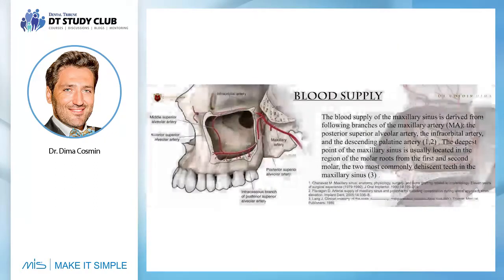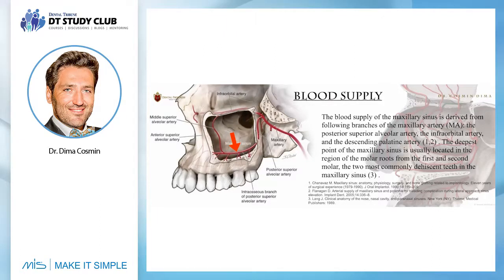The blood supply. The blood supply is coming from the maxillary artery, and what is very important here is that we have to know about the intraosseous branch of the posterior superior alveolar artery, like you can see in the picture. This is very important because sometimes when we prepare the window on the lateral wall, we can cut this artery.